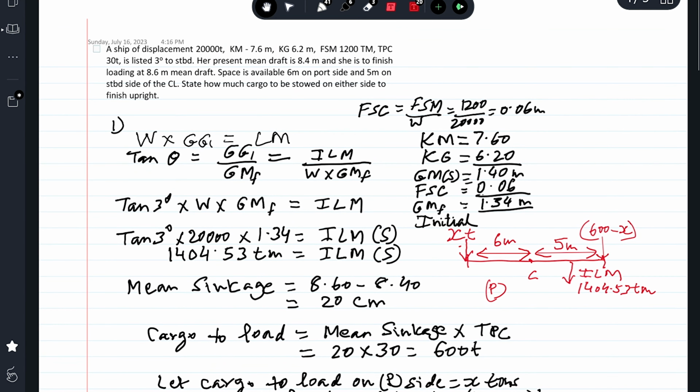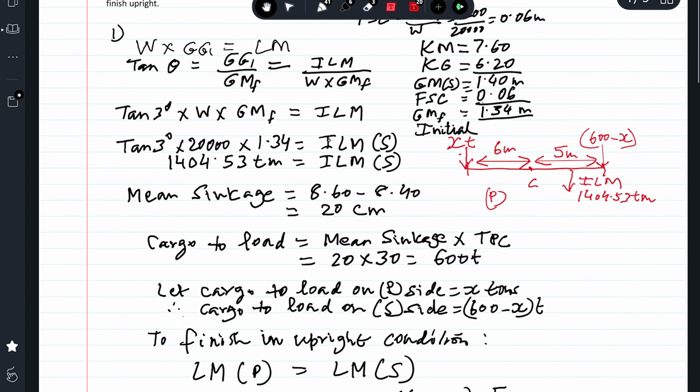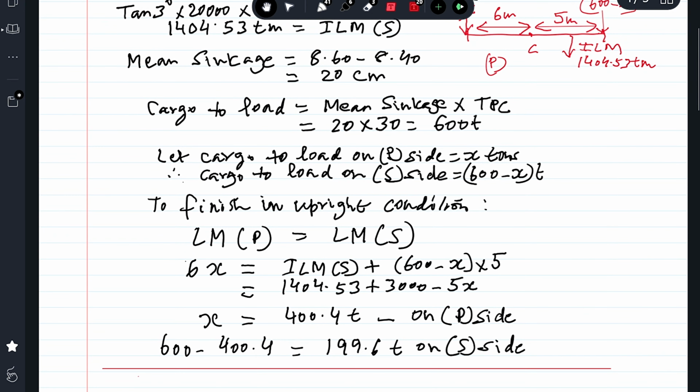Is it given here in the question? 6 meter space is available on the port side and 5 meter on the starboard side of the center line. Okay, so this was the main thing to understand here.